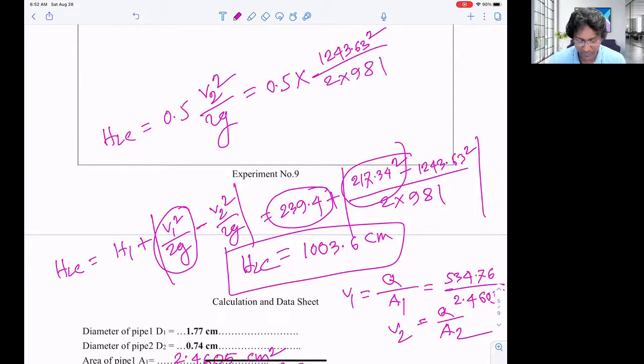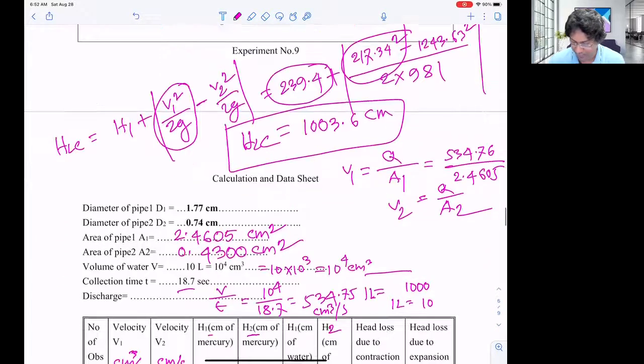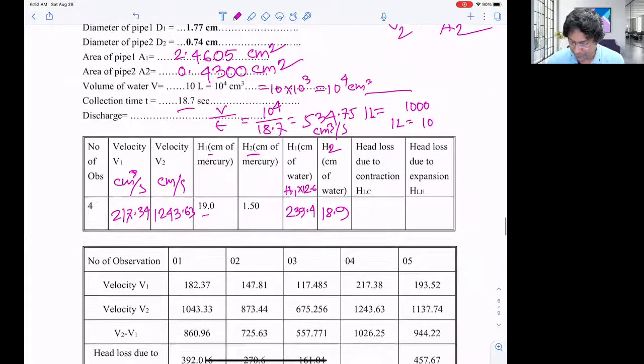So 124 3.63 squared divided by 2 divided by 981 and multiplied by 0.5. Okay, so we have that value, 394 centimeter. So that is the value, 394 centimeter.